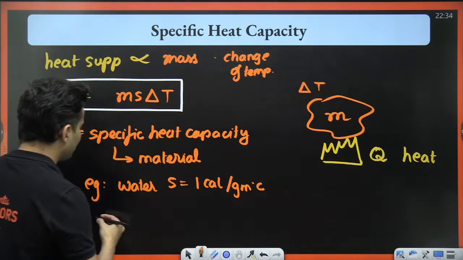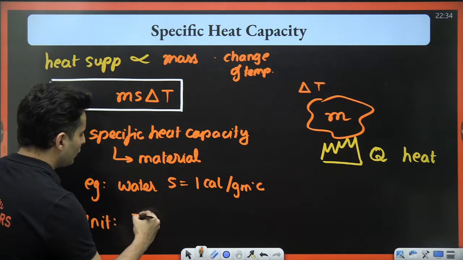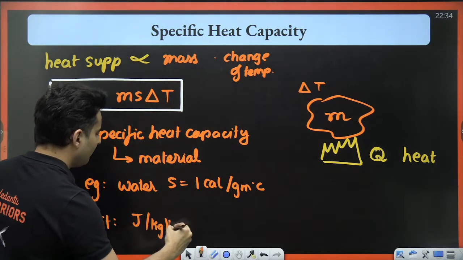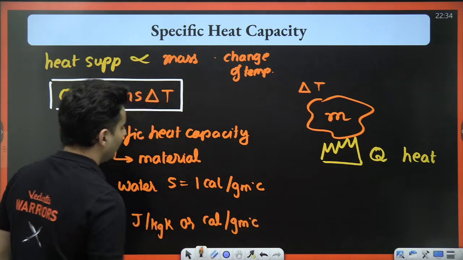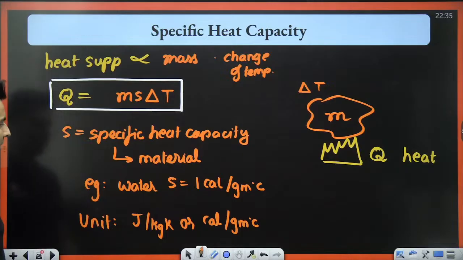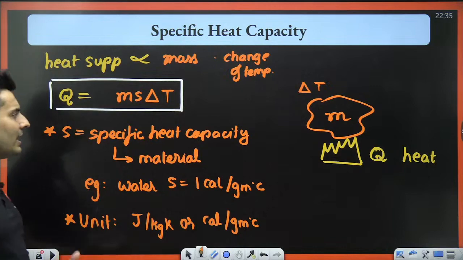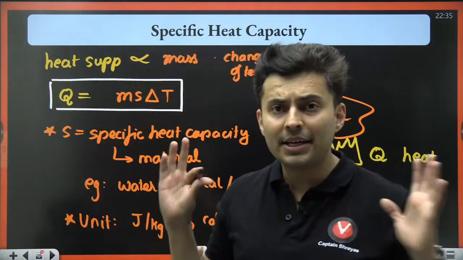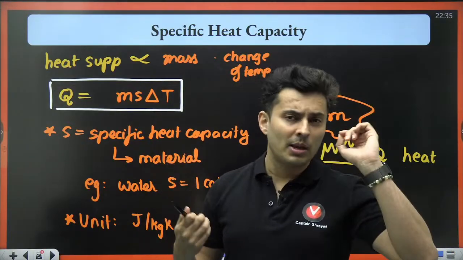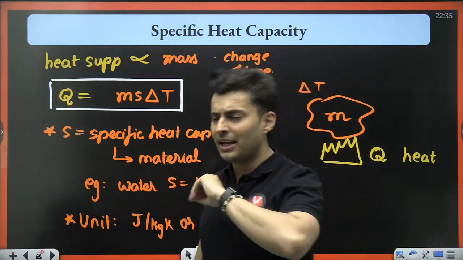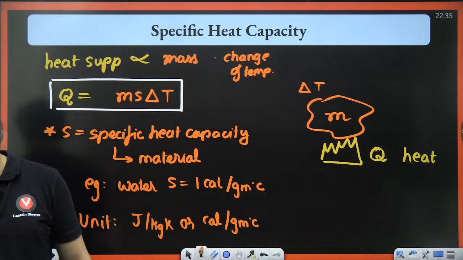So usually the units of S are either joule per kg Kelvin, or sometimes you also use calorie per gram degree centigrade. Both of them are units of specific heat capacity. It completely depends on the material, whether it's water, ice, or alcohol, or some benzene, or maybe some other solid, maybe stone, marble. Everything has a different specific heat capacity. Keep that in mind.